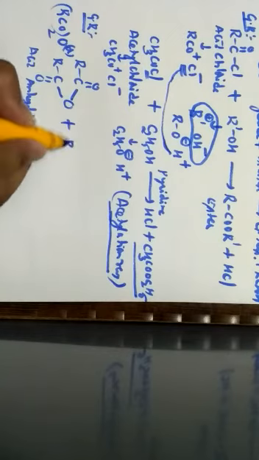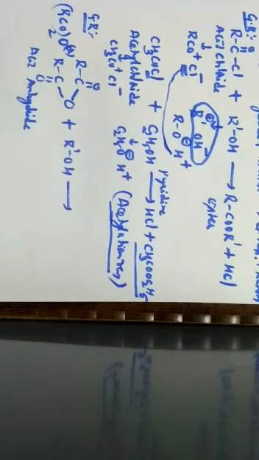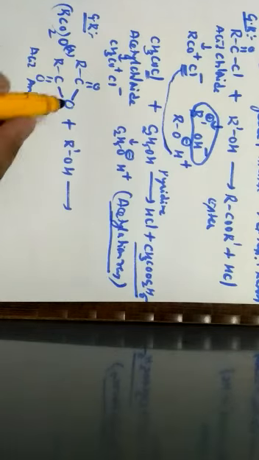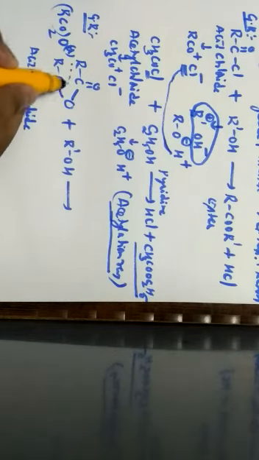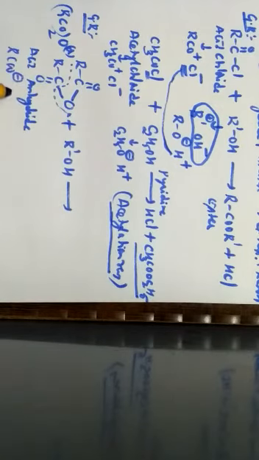When this acid anhydride is made to react with an alcohol, what happens? We have to get a carboxylic acid group. Here one of the oxygens takes the electrons towards itself, which can readily form RCOO minus and RCO plus, so that this alcohol ionizes as R' plus as well as OH minus.